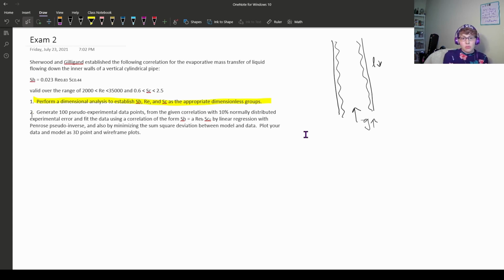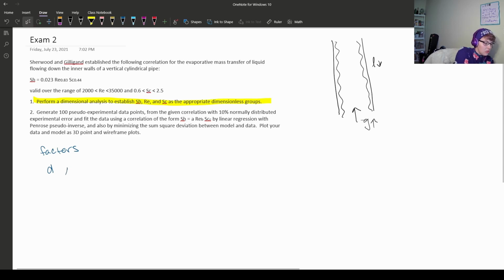So the first thing that we need to do in order to start our dimensional analysis is to identify which factors could affect the situation we have at hand. The factors that will be affecting the system are the ones related to the physical tube, which is the diameter of the tube, represented by D. We will also have the parameters affecting the liquid flowing down the tube.